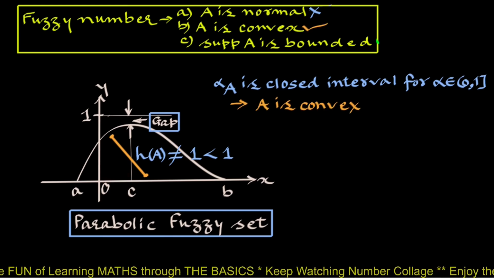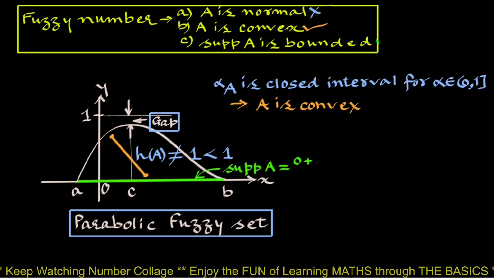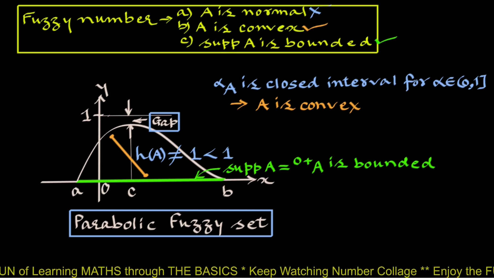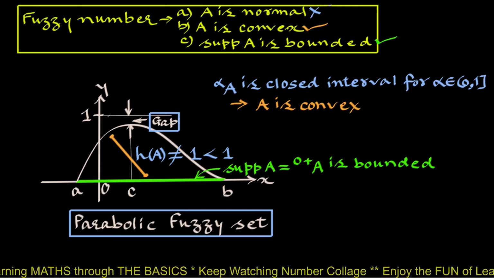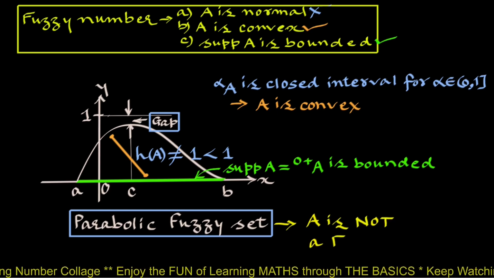And the third condition, that support A, which is strong zero cut A, is bounded, is also satisfied. Therefore, this parabolic fuzzy set A is not a fuzzy number.